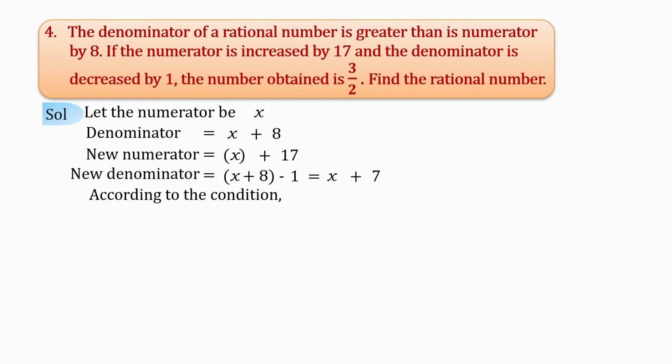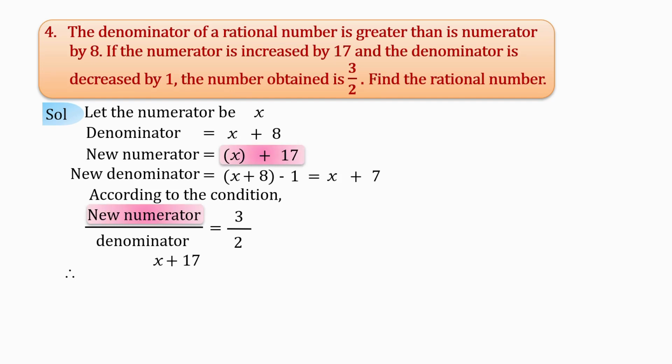So after this, the number we got is 3 by 2. So now we will form the equation. New numerator by new denominator equal to 3 by 2. So x plus 17 by x plus 7 is equal to 3 by 2. Now we will solve this, cross multiply it.